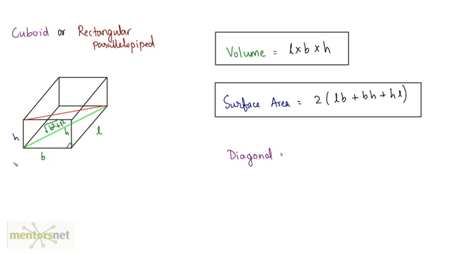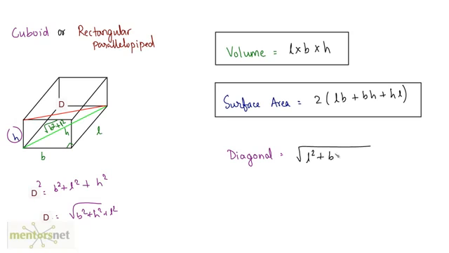Again apply Pythagoras theorem, and you'll get base square plus height square, that's under root b square plus L square whole square, which makes it b square plus L square plus height square. So the diagonal's length is under root of L square plus b square plus h square.